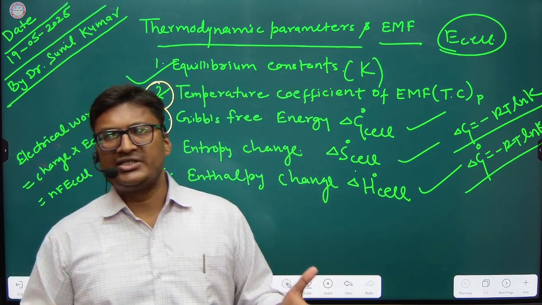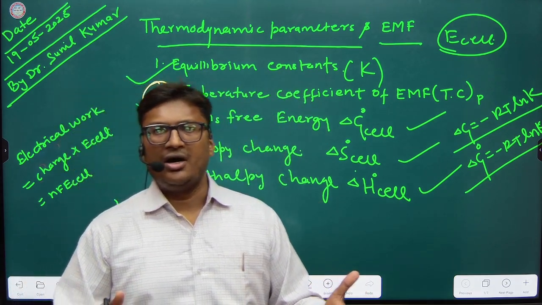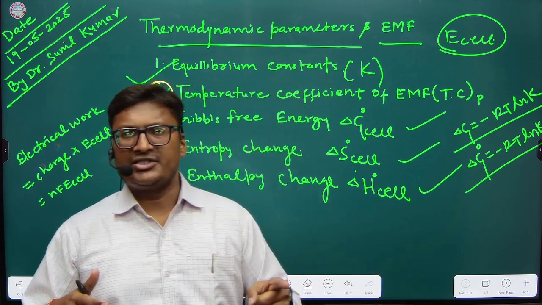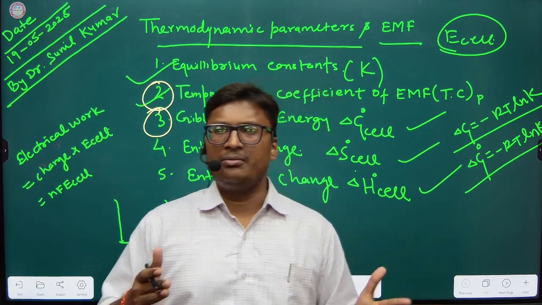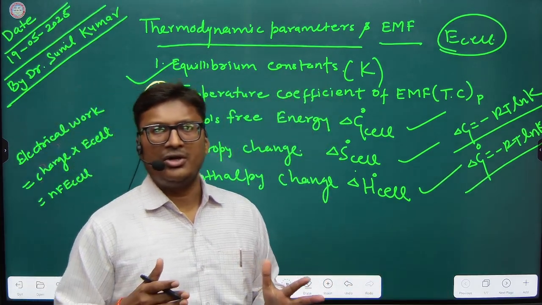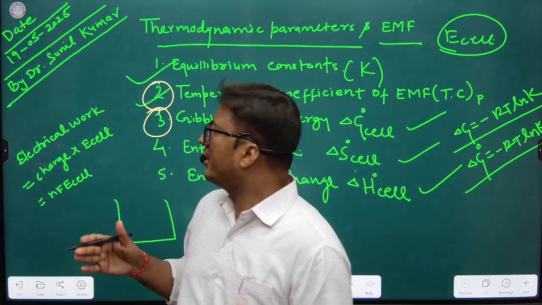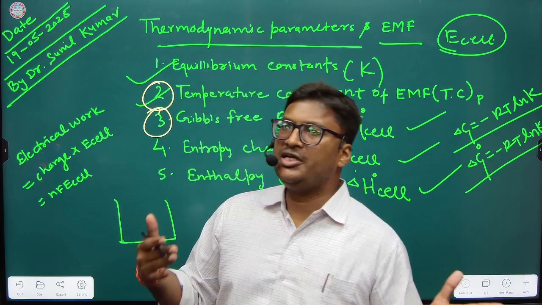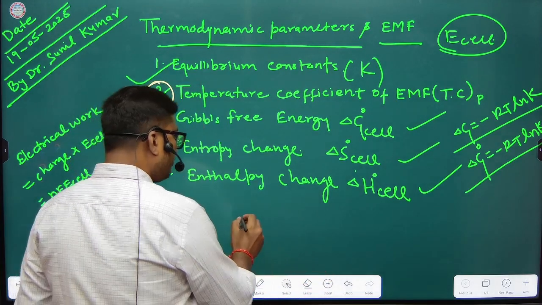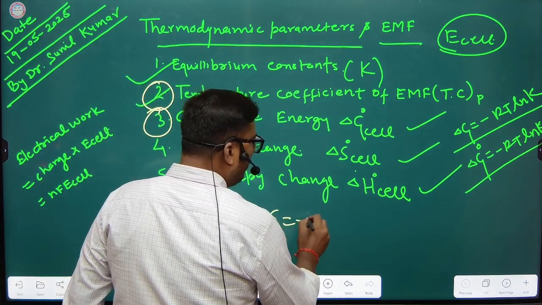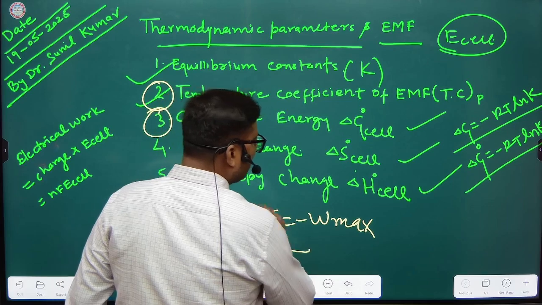So the electrochemical cell is a system, and we are getting energy from it. You can say it is the work done by the system on the surroundings, so it is always negative, and this work is equivalent to the change in Gibbs free energy. So delta G will be minus W max in an electrochemical cell.